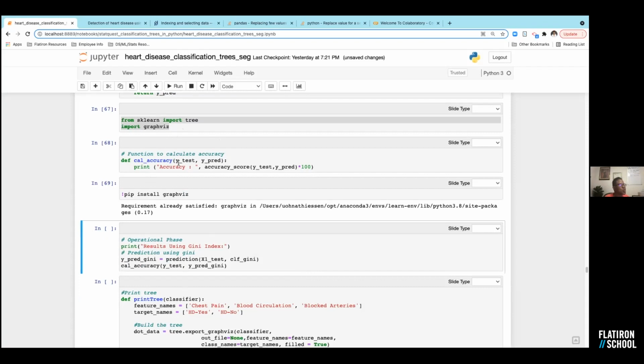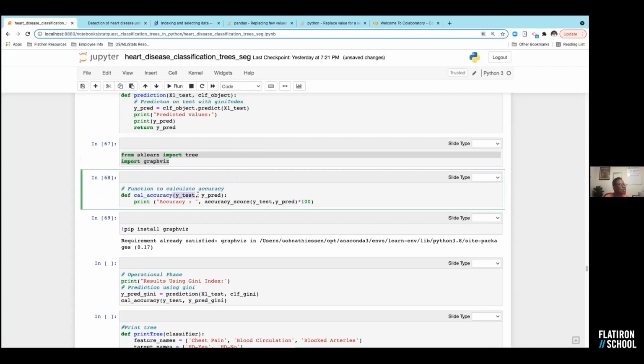We can use it to make some predictions on certain values, and then we can compare the values that the model is predicting against the values that already exist, right?